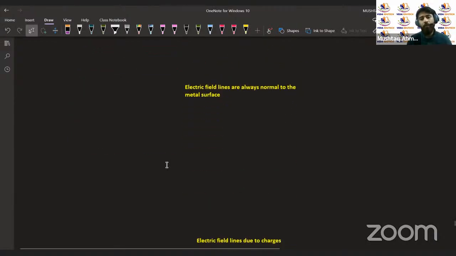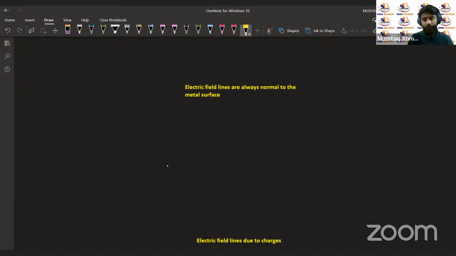And one more important property of electric field lines related to conductors or metallic surfaces is that electric field lines on the metallic surface always terminate or originate from the metallic surface, and they always fall normal to the metal surface.